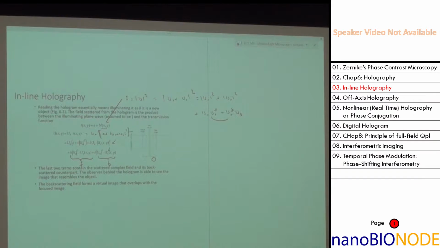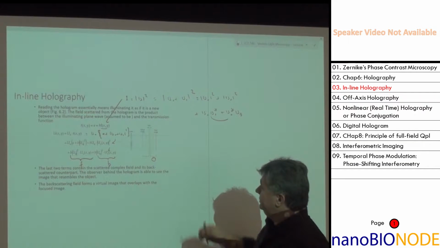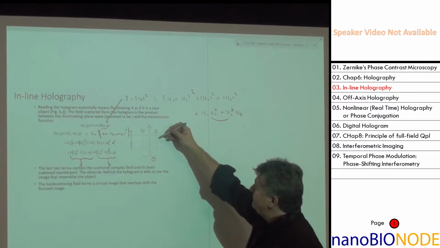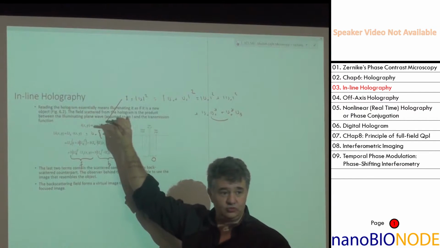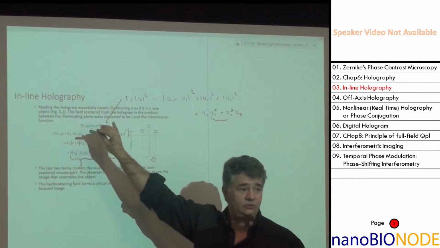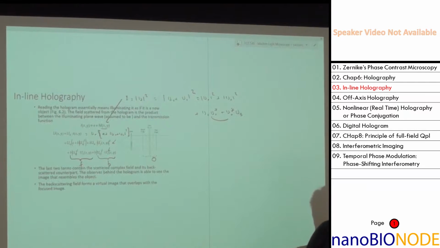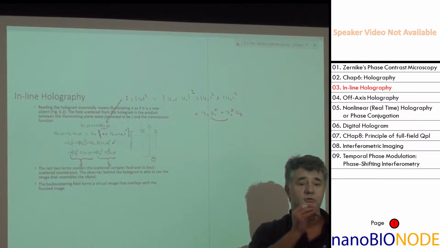Right. Okay. Yes, that's actually a very important point. If the light here were to propagate in this direction, it would never bother us. The light going that way would never reach my eye.